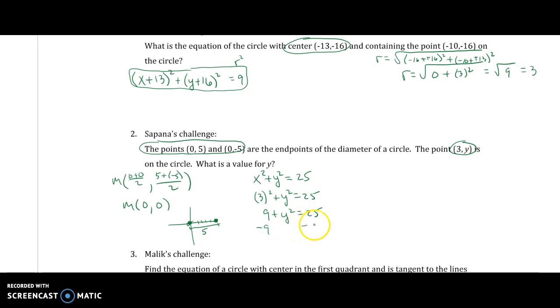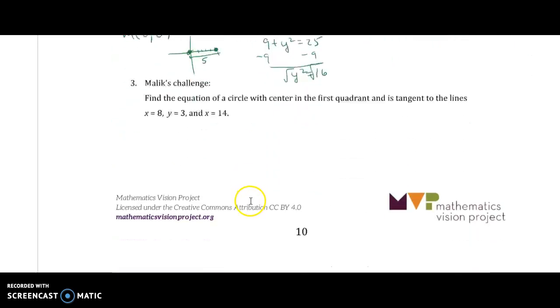Or you can subtract 9, y squared equals 16. And when you take the square root, what is the value of y going to be? So this is 3, comma, 4. Now, can 3, negative 4 work? Yes, it could. So remember this to be plus or minus 4.